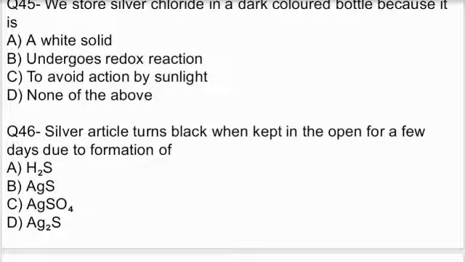Next question. Silver article turns black when kept in open for a few days due to the formation of. The options are H2S, AgS, AgSO4, Ag2S. The correct option is D, Ag2S, that is silver sulphide.